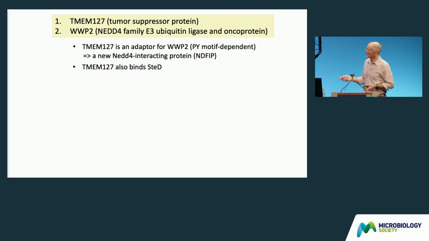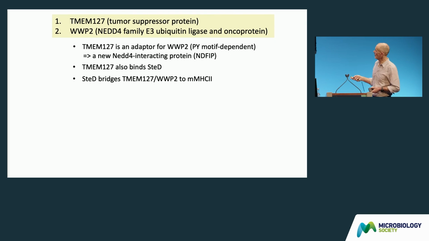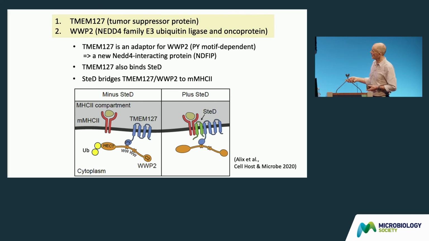We also found that TMEM127 binds to STED. Interesting for that reason, because it was discovered in the hit for STED function. And we then found that STED actually bridges this complex of the adapter and the ligase to MHC2. So that's depicted here. Without STED, TMEM127, it's a 4-membrane spanning domain protein.